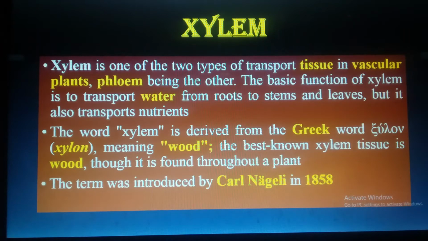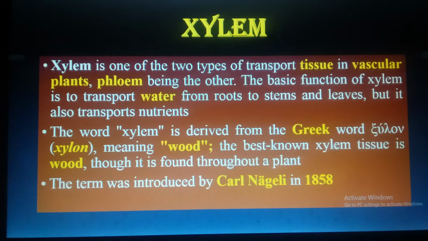So, what is xylem? Xylem is one of the two types of transport tissue in vascular plants. The xylem performs a very important function in conducting water. It transports water from roots to stem, leaves, and all parts of the plant. The word xylem is derived from the Greek word xylon, which means wood.